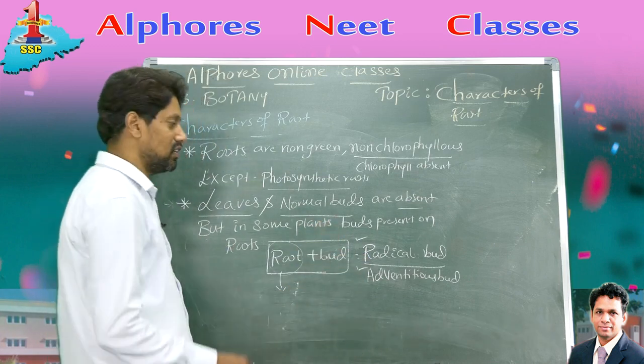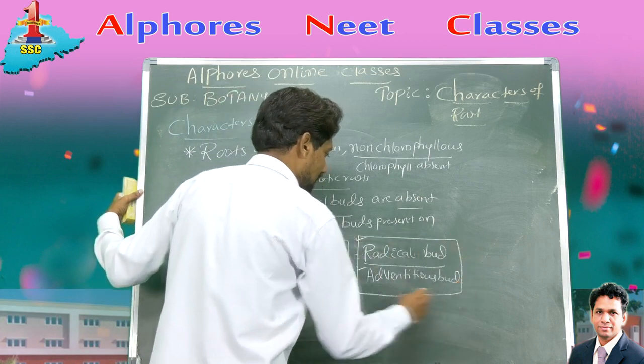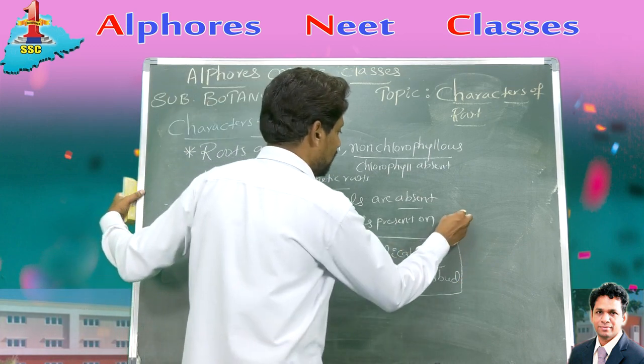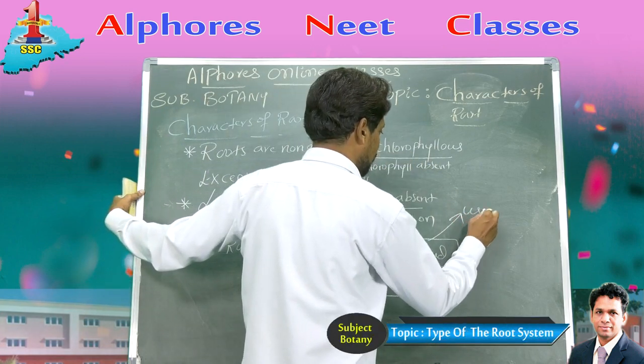They are used for vegetative propagation. Therefore, these radical buds are used for what? Vegetative propagation. Vegetative propagation is also called vegetative reproduction, right?